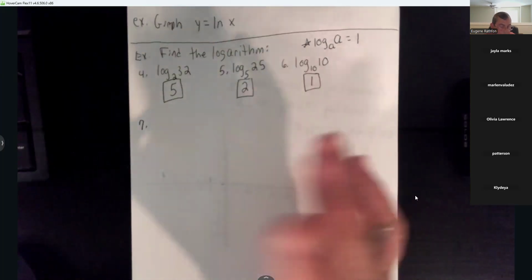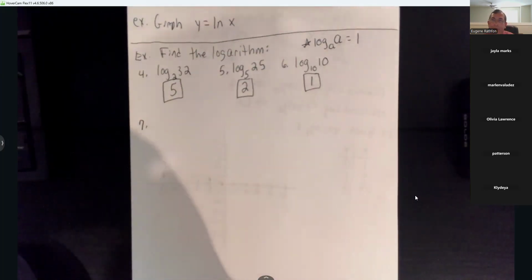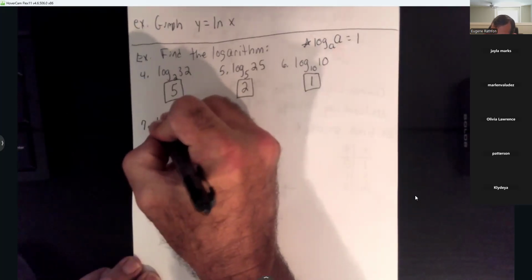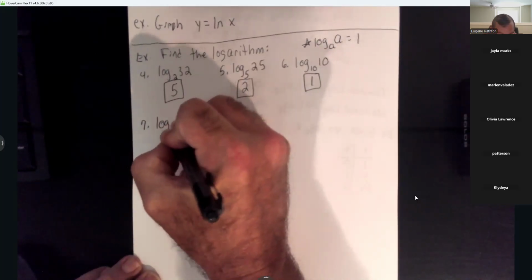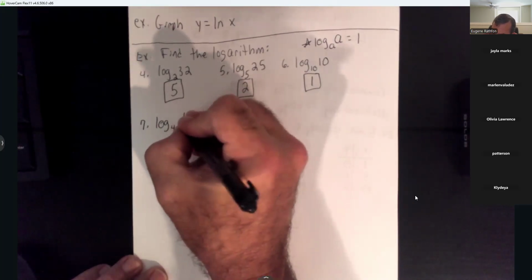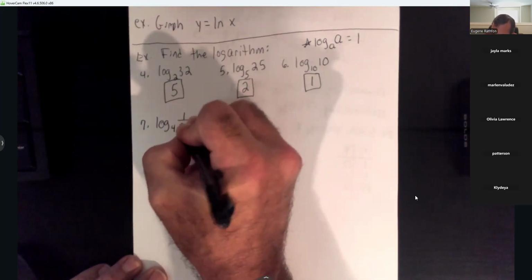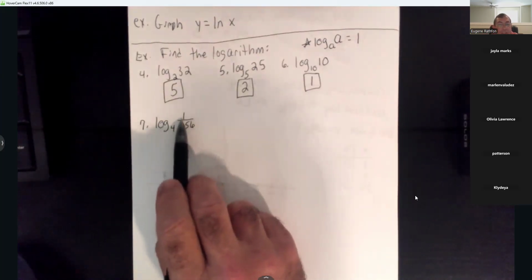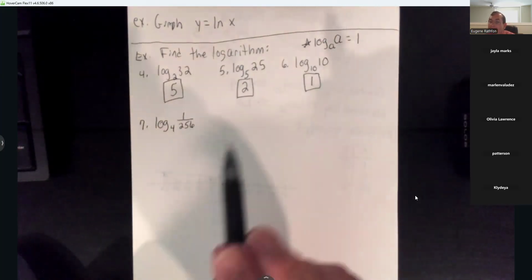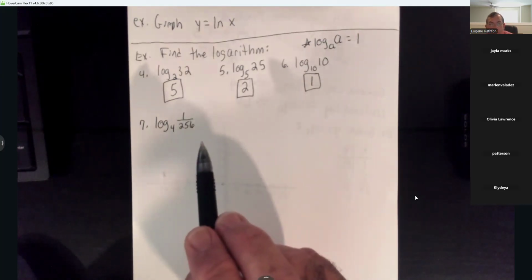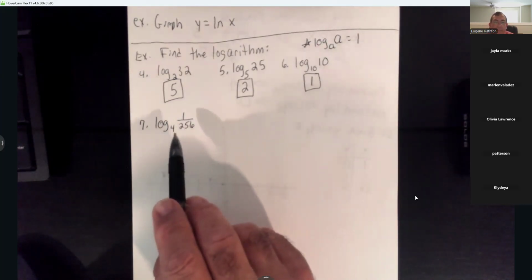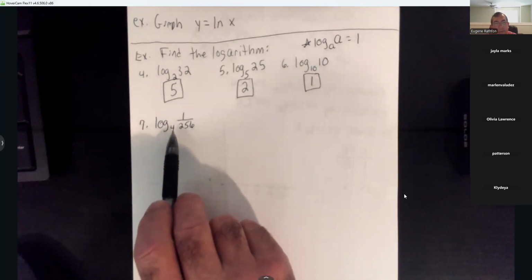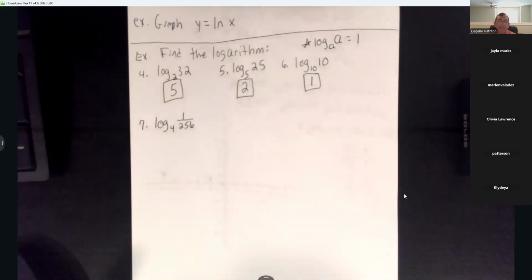So most of these problems are going to be pretty much calculator problems. Log base 4 of 1 divided by 256. Y'all, I'll tell you this, when you've got fractions here, you're going to get negative answers. So it's going to be a negative, and then you've got to figure out how many times you have to multiply 4 to get 256.